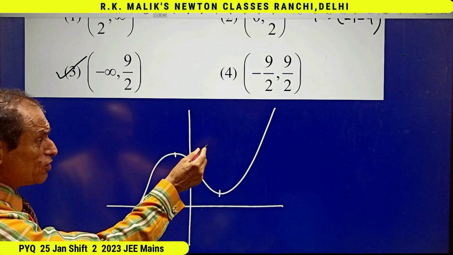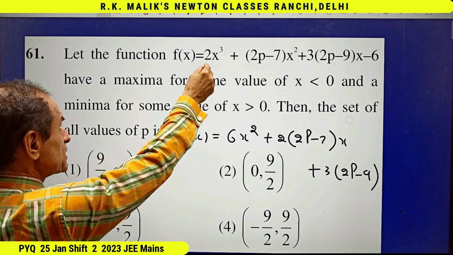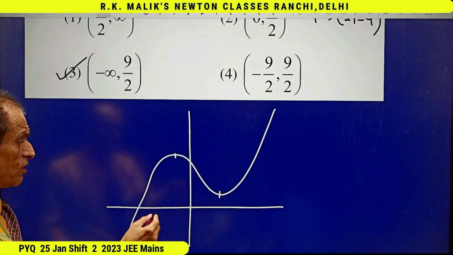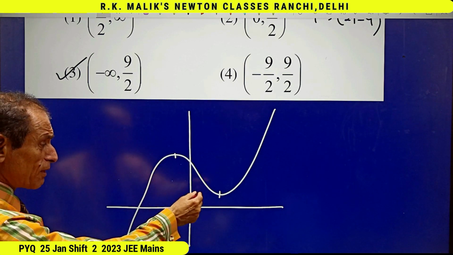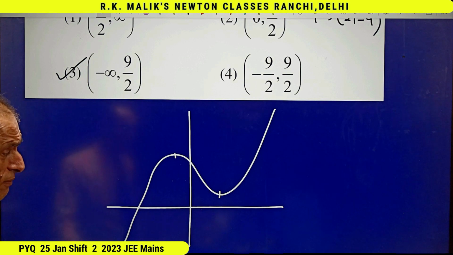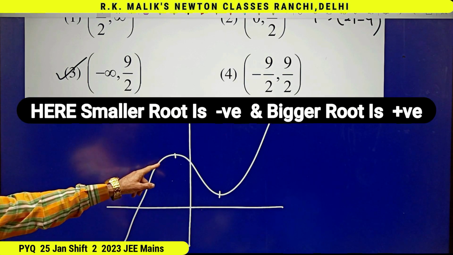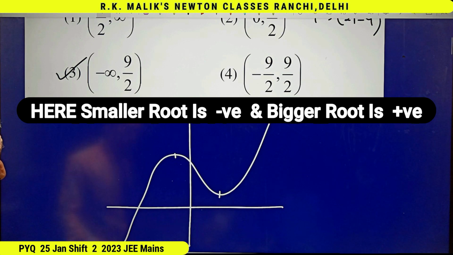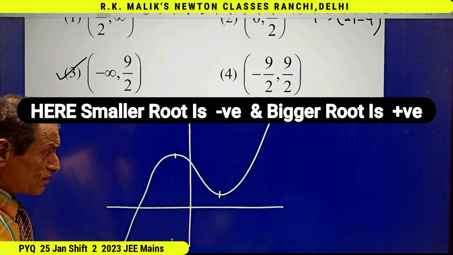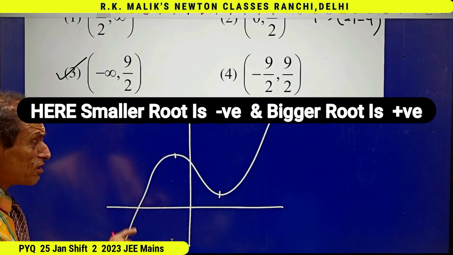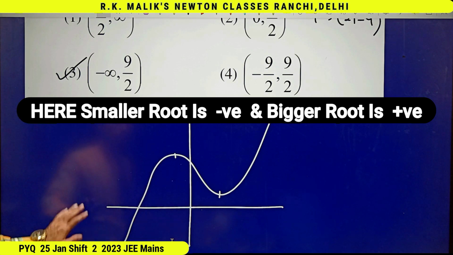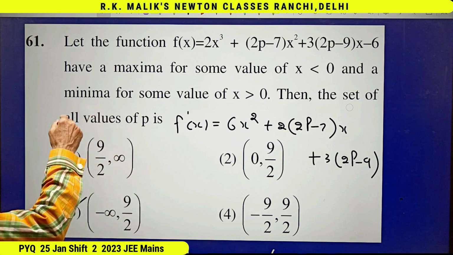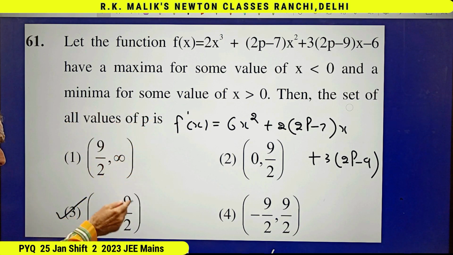Hence, for any cubic equation with the highest power of x positive, at the smaller root, it is sure to be giving local maxima. At the bigger root, it is sure to be having local minima. Smaller root means smaller value of x. Hence, this condition is automatically satisfied: if 0 lies between the roots of this, then it is sure that at the smaller root local maxima will be there, and at the bigger root local minima will be there. Hence, this is the only condition for the given information to be satisfied.